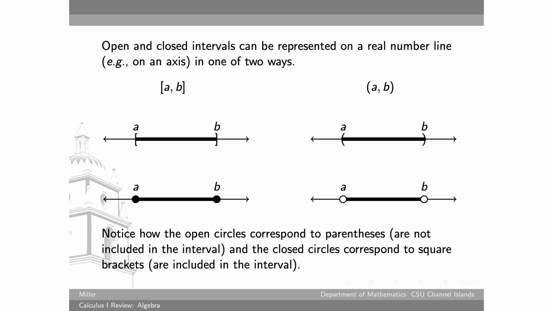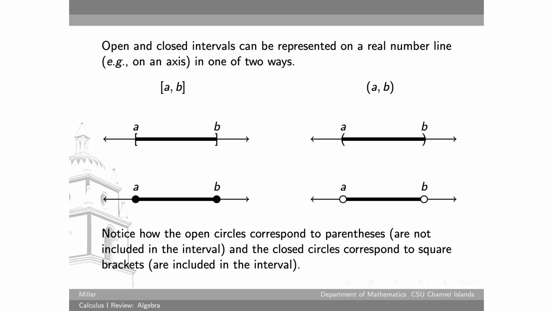The first representation on the real line for the closed interval has the square brackets at the endpoints, reflecting the interval notation. On the right, the endpoints of the open interval are parentheses, also reflecting the interval notation we use.